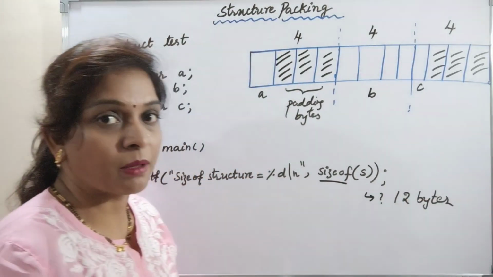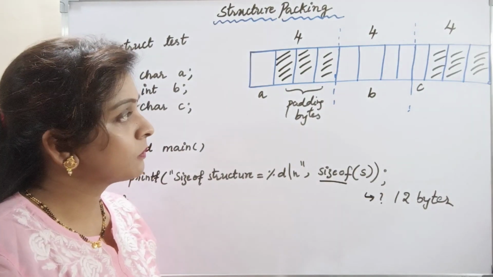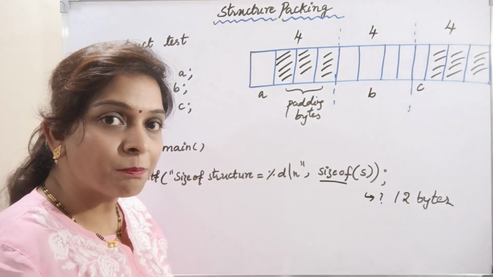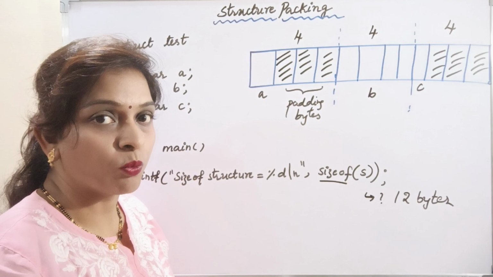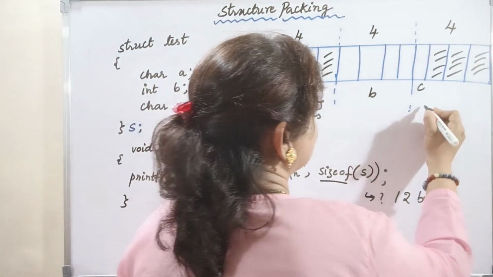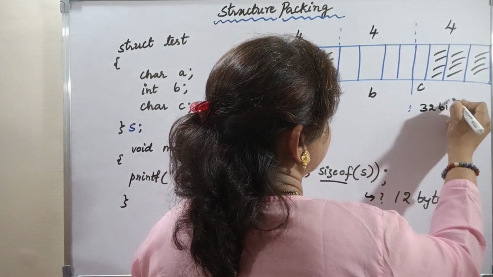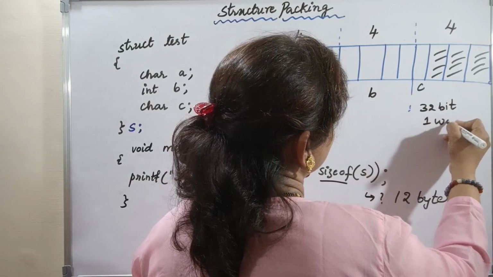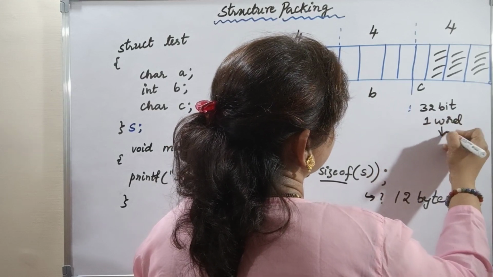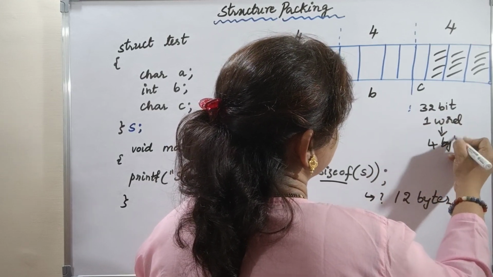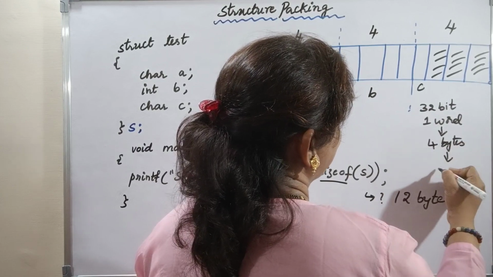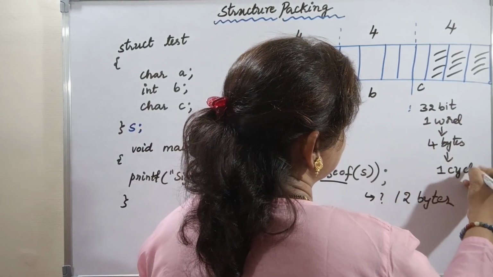See, simply the memory is getting wasted because the CPU has to fetch one word. If I talk about a 32-bit machine, one word equals 4 bytes. So this 4 bytes of data is fetched in one cycle.